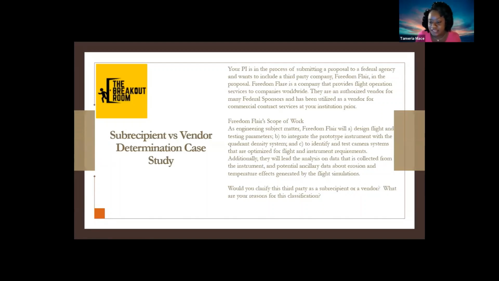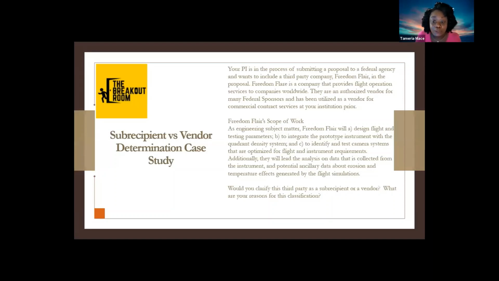One thing that I left out of this case study was our UCF's actual scope of work. What are we tasked with doing? What is our task? And is this particular third party doing part of that task? I can tell you after review that this particular entity did end up being an actual subrecipient for us because of the type of work they were doing.